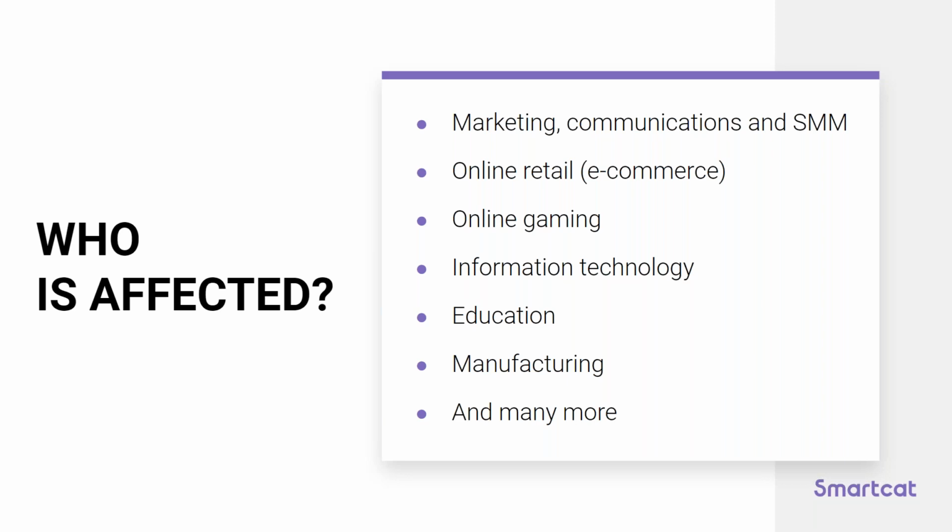So education is also changing a lot. The way we educate our employees, the way universities educate their students is changing a lot. And in a lot of cases, this content also needs to be translated and localized in an efficient way. Manufacturing and obviously many more industries are also going through this shift.